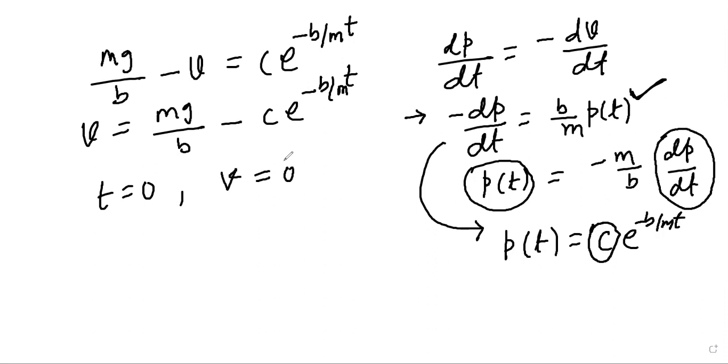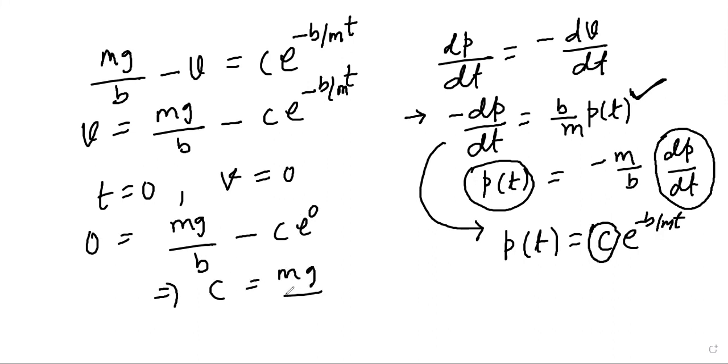It is dropped from rest, right? So substituting, 0 is equal to mg by b minus c e to the power b by m into t. T is 0 here, so e to the power 0 is 1. So we get c is equal to mg by b.